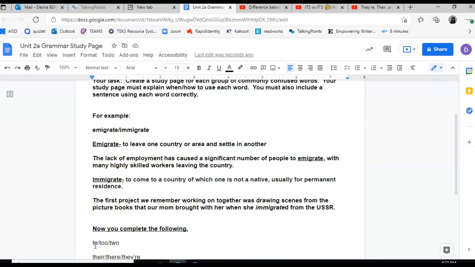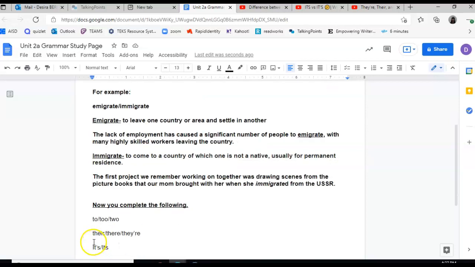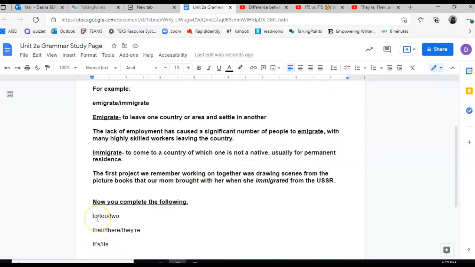On your notebook paper, you'll describe when or how to use T-O, and then you'll use it in a sentence you make up. Then do the same thing for T-O-O, too. When and how do you use that one? And write a sentence showing you know how to use it. Then, when and how do you use T-W-O?